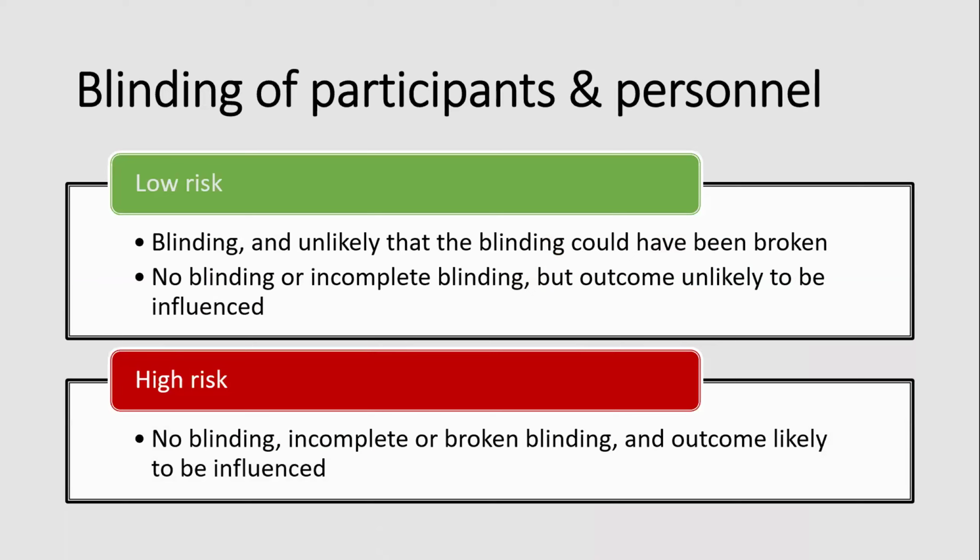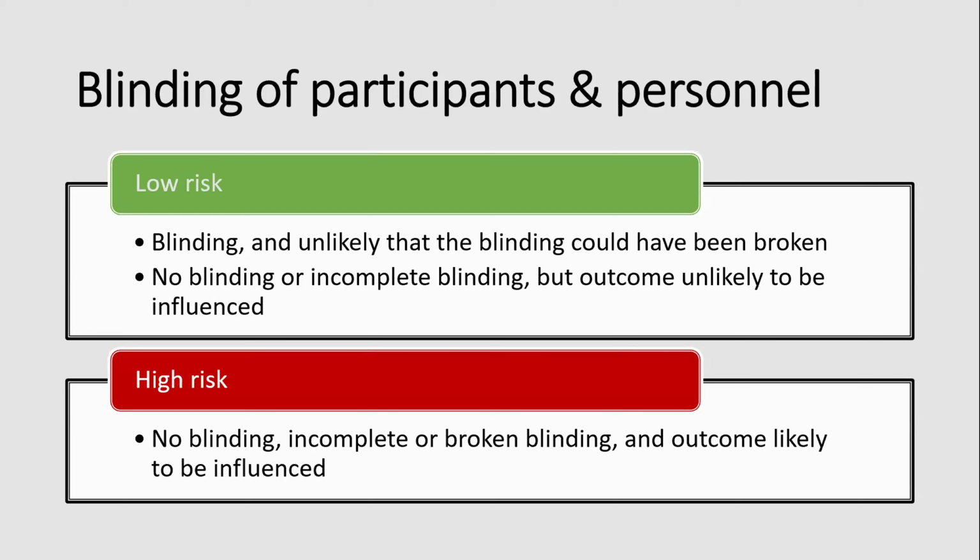When we mention high risk of bias, it is no blinding, or incomplete or broken blinding, and the outcome is likely to be influenced. The researcher has to mention in their article who was blinded, whether the researcher was blinded in the recruitment process or during the outcome assessment, because in some cases it is not possible to blind the researcher.